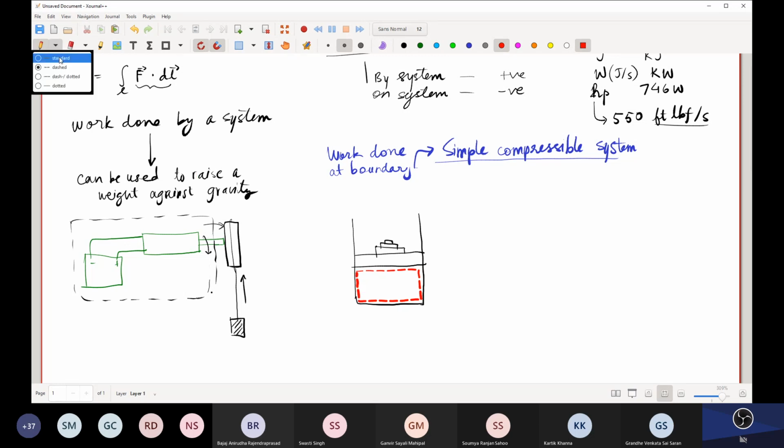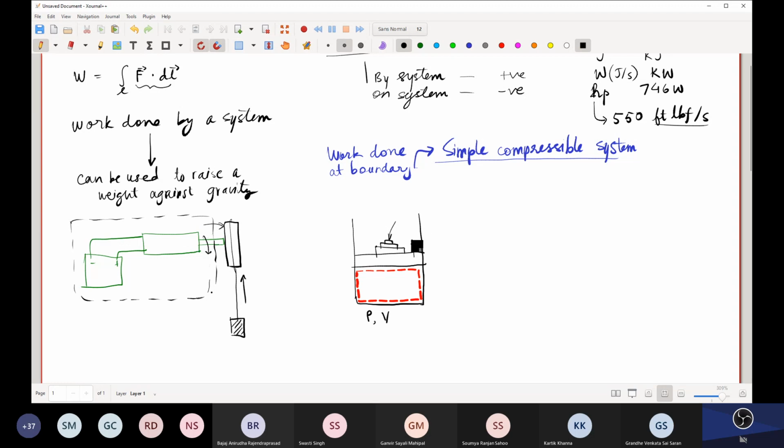Okay, so this is the control mass and this is at a certain pressure and it has a certain volume. Now when this weight is removed, what will happen?